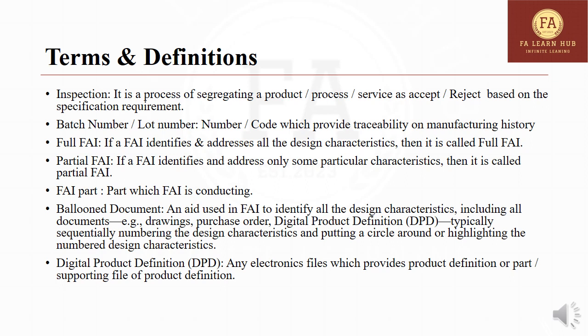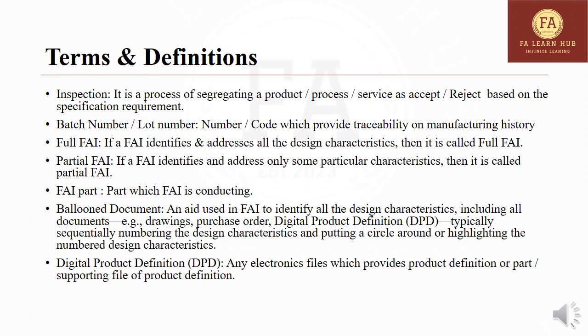FAI part: the part on which FAI is being conducted is called the FAI part. Ballooned document: a document used in FAI to identify all the design characteristics, including all documents. For example, consider a drawing. Each characteristic or requirement in the drawing shall be identified with a number.